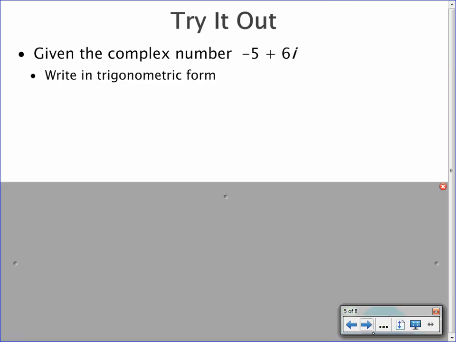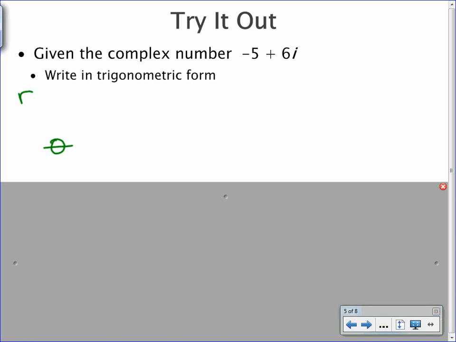All right, so here we go. Our complex number is -5 plus 6i. We want to put it in trigonometric form. So for trigonometric form, what do we need? We need the absolute value, which we represent with r, and we need the angle theta.